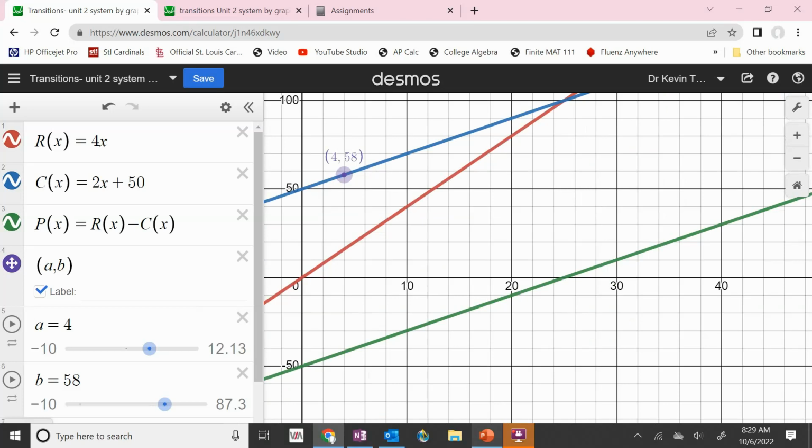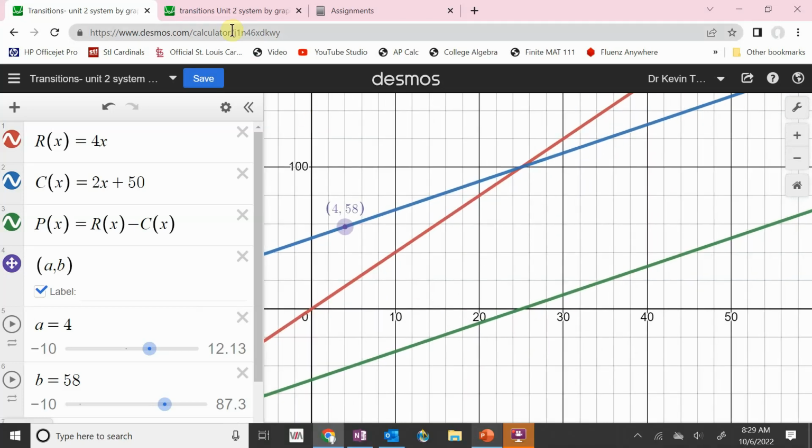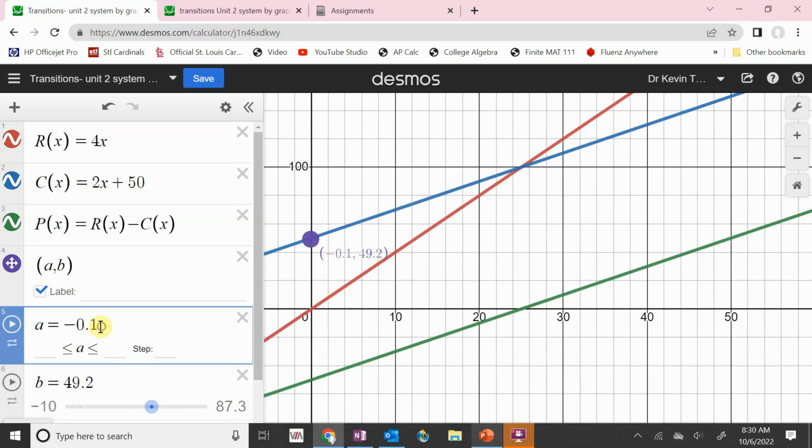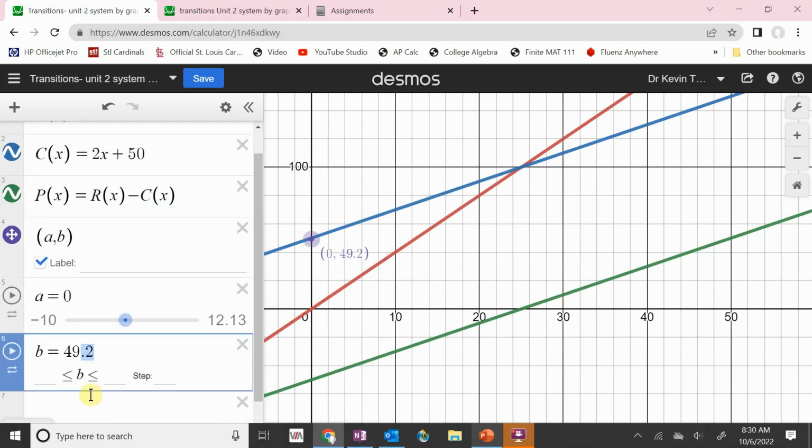And so as we look at these equations, the cost is right here, 2x plus 50, that's in blue. So notice that here, this initial value, this y-intercept, should be corresponding to the point (0, 50). And so that point right there is on the line.